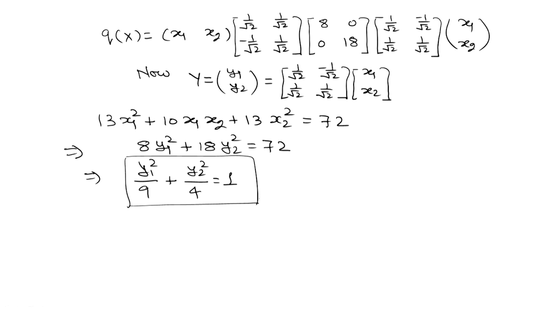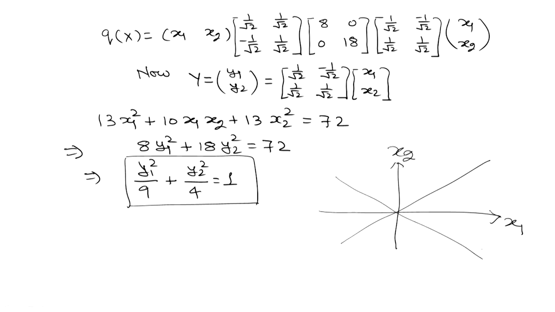Now, if I want to plot this particular curve, if these are the axes x1 and x2, then the representation of y1 will be x1 minus x2 equals 0, or basically x1 equals x2. Similarly, the representation of y2 is x1 plus x2 equals 0.